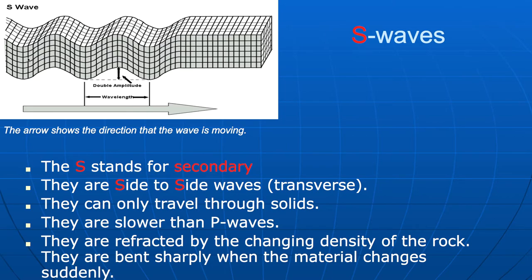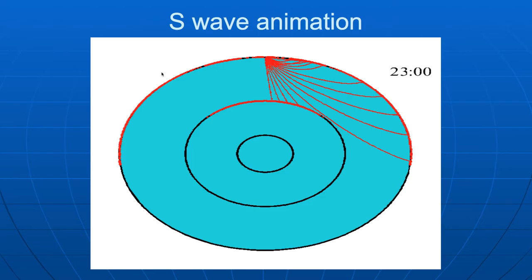So transverse waves don't really travel through liquids well at all. And so that's an important property for transverse waves. They don't travel through liquids, which means they don't travel right the way through the Earth because we have liquid in there. Or rather, because they don't travel all the way through the Earth, we know there's liquid in there.